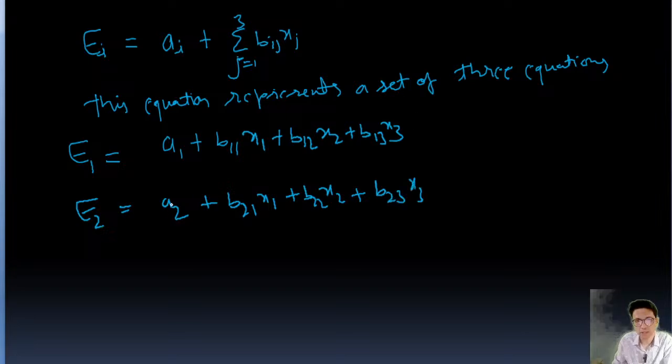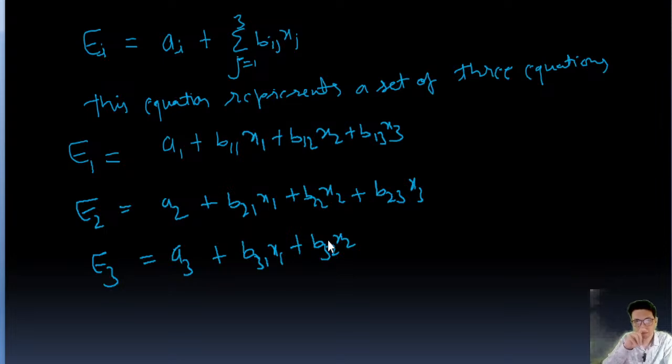And E3 is going to be i equal to 3, so A3 plus B31 x1 plus B32 x2 plus B33 x3.